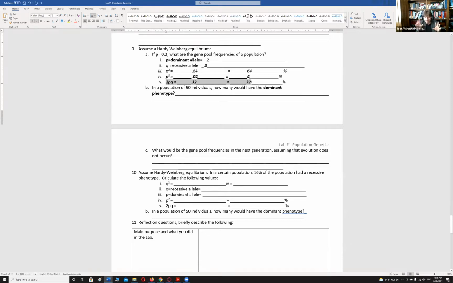Remember, whenever we did the rabbit simulation, we had capital F, which is P squared, and we had capital F lowercase f. They were still furry, which is a dominant trait. So in this case, 4% and 32%. 4 plus 32, 36% of the population would look dominant. Make sense?